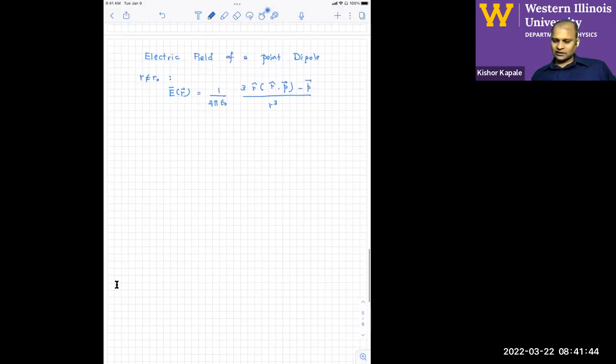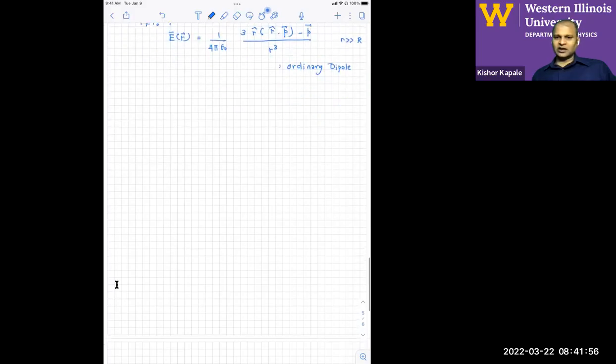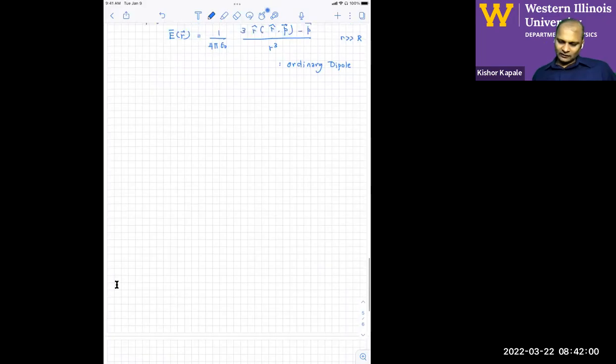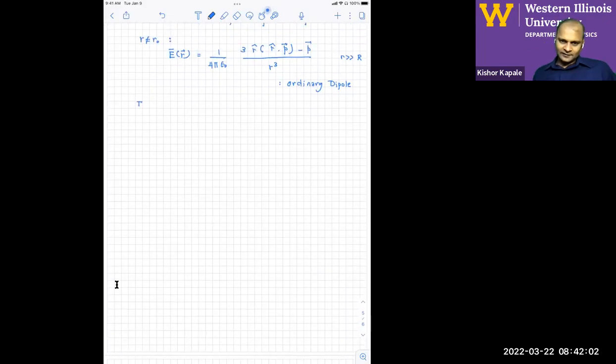Okay, so that's that, for R much greater than R0. So this is the ordinary dipole. Ordinary meaning charges separated by a certain distance, right? Now, what happens here if R is equal to R0?